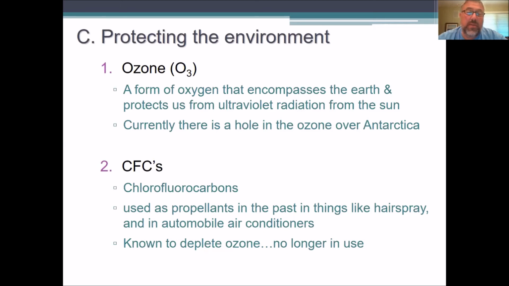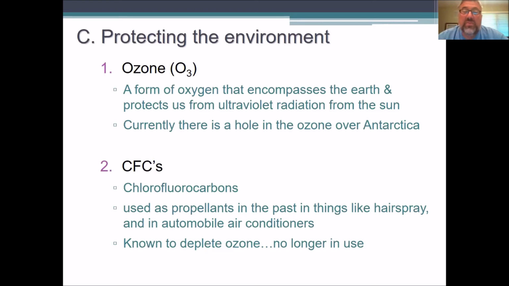And so we put a ban on using chlorofluorocarbons, and now we're banning hydrofluorocarbons. But what we know is that one chlorine molecule could break down hundreds of thousands of ozone molecules. So it was very potent.